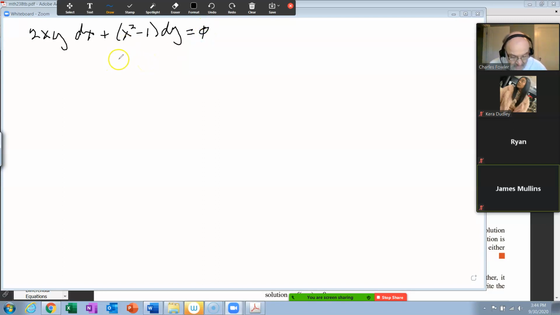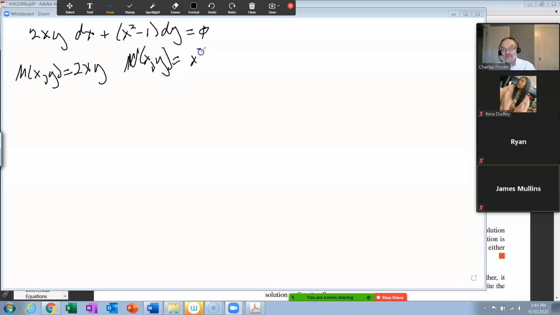Now, first thing we do, we identify your m of xy is equal to this thing, 2xy. And that makes n of xy, and this is only a function of x, but we'll leave the y in there for now, equal to x squared minus 1. First thing we've got to do is verify that this is an exact differential.